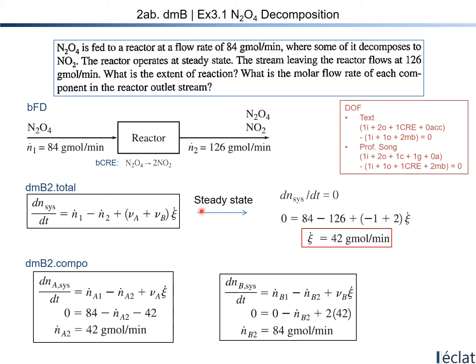At steady state, the accumulation term goes to 0, the input is 84, the total output is minus 126, plus the extent of reaction with the summation of all stoichiometric coefficients: minus 1 for reactant N2O4 and plus 2 for the product NO2. So minus 1 plus 2. Then you could calculate the extent of reaction for this reaction.